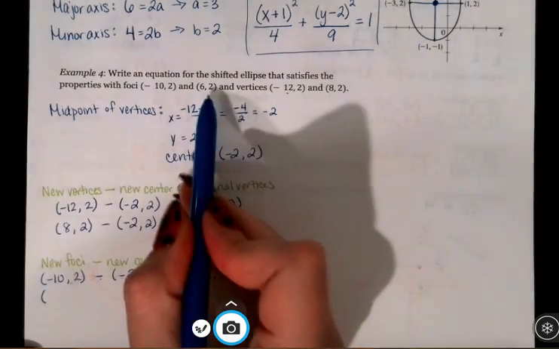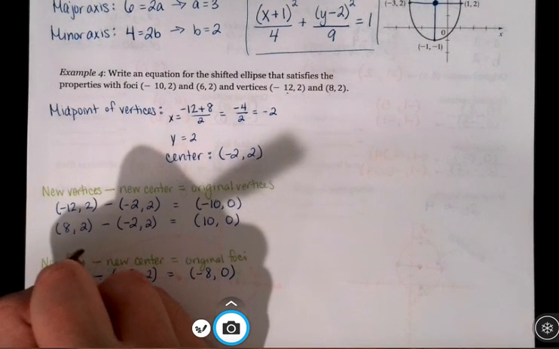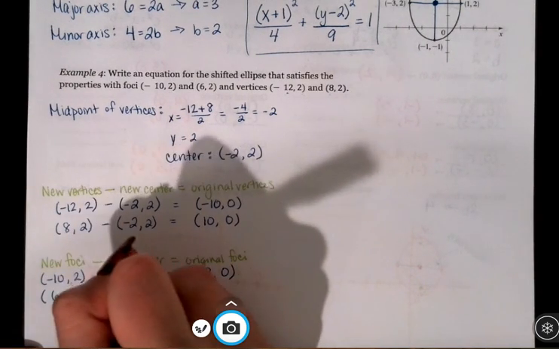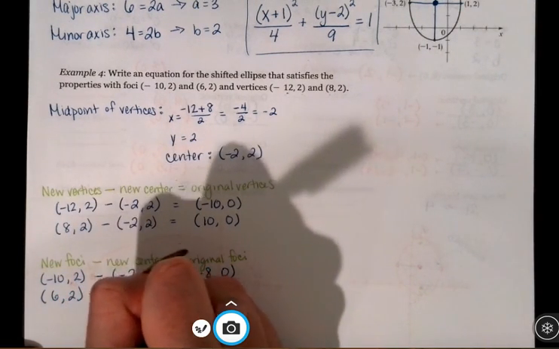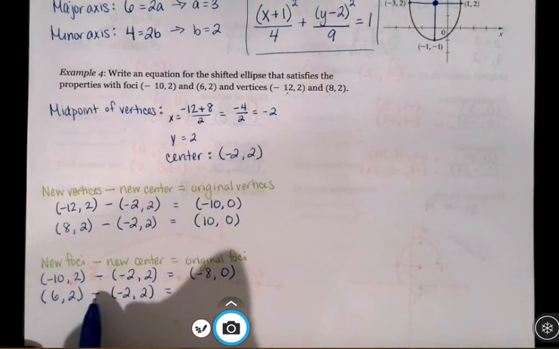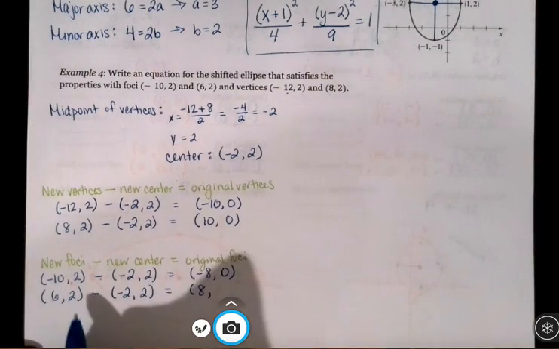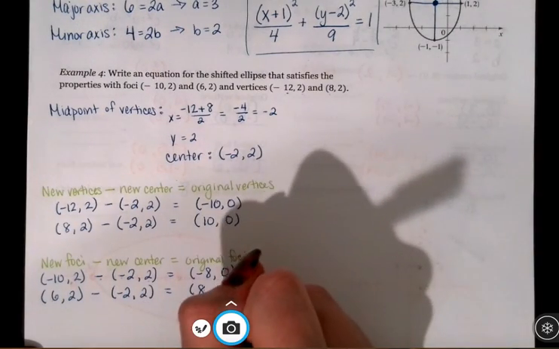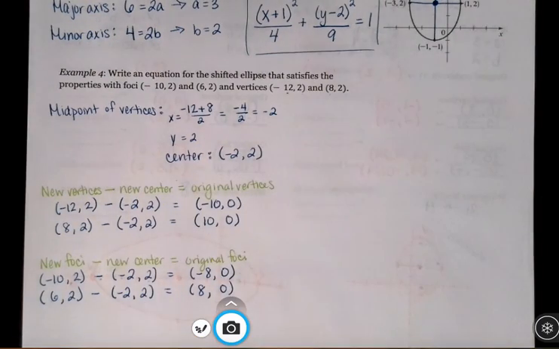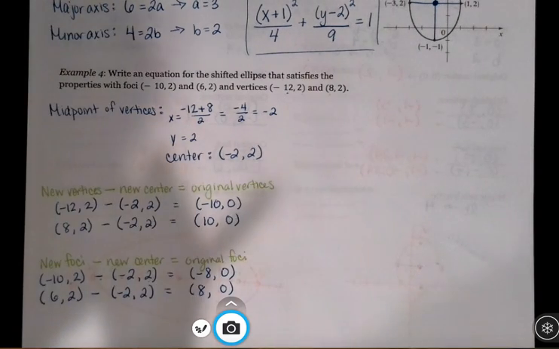For my other foci, I have 6, 2, and I'm going to subtract my center from it. So 6 minus a negative 2 would be positive 8. 2 minus 2 is 0. If you're not sure about subtracting negatives, just double check it in your calculator.